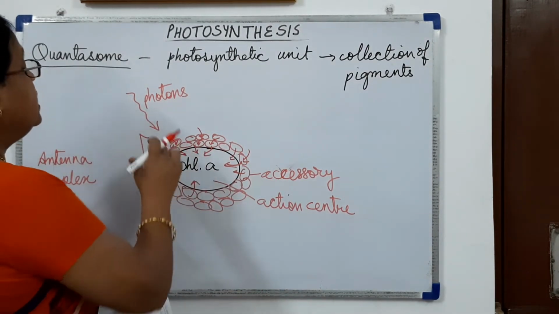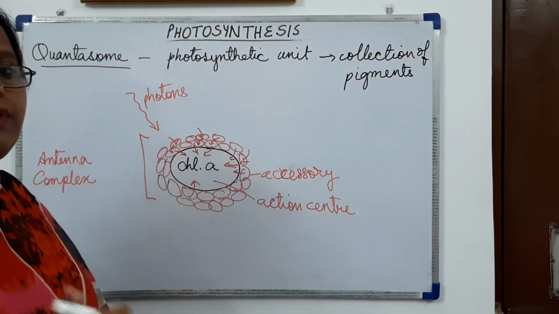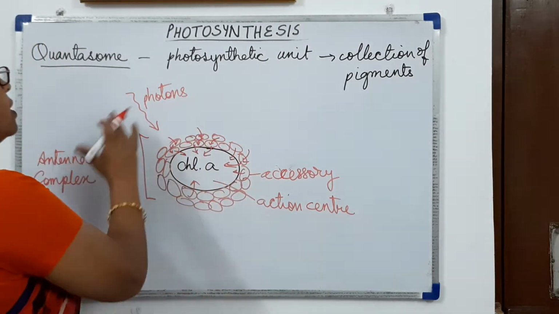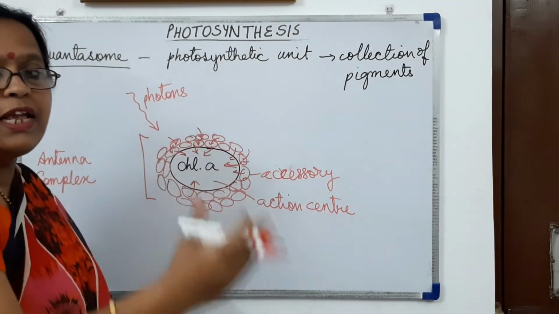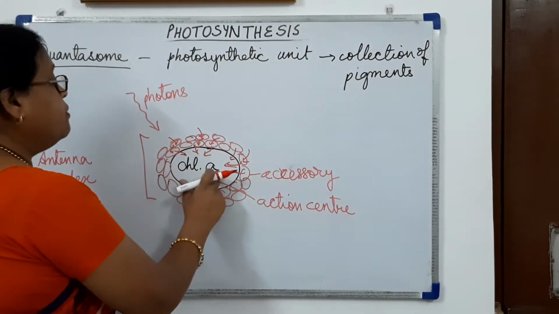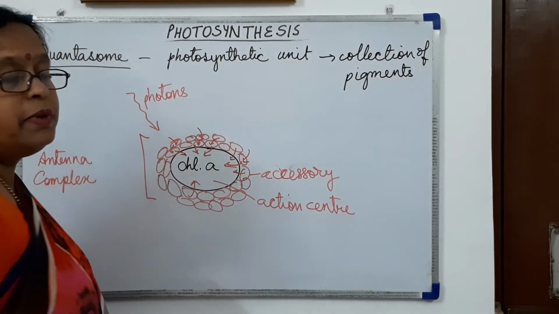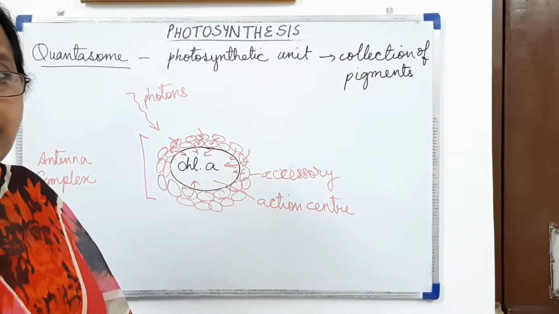So they will absorb light energy, they will release electrons. These electrons will be given to the next level, to the next pigment, and finally all these electrons will be given to the chlorophyll pigment.